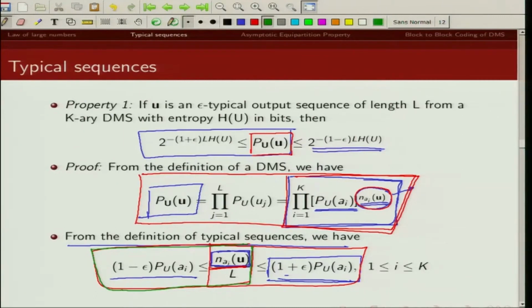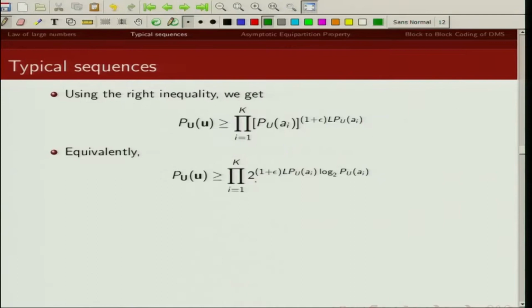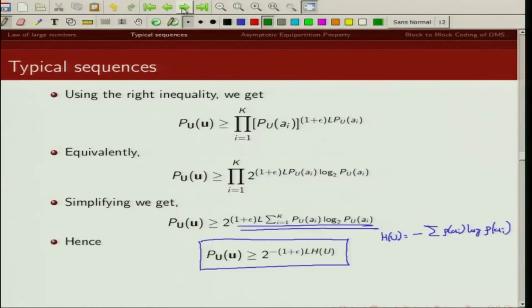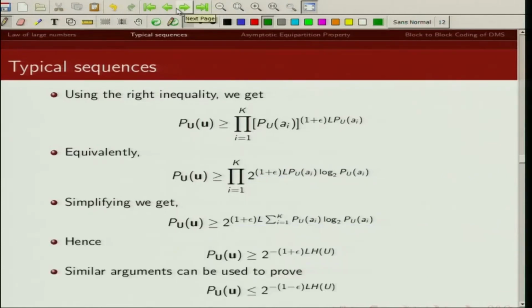So again I will follow the same procedure. I will replace N_{a_i}(U) by L times (1 minus epsilon) P(a_i), and since it's smaller than N_{a_i}, this whole thing would be greater than or equal to P of U_i, and subsequently I will write it in the form of 2 raised to power (1 minus epsilon) L times P(a_i) log P(a_i), and following exactly the same procedure we will get the upper bound on P of U. So I just verbally spoke out this proof.